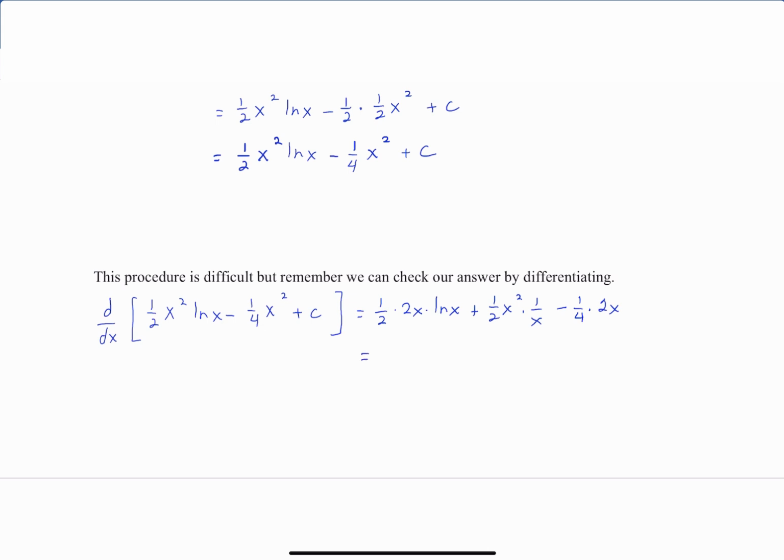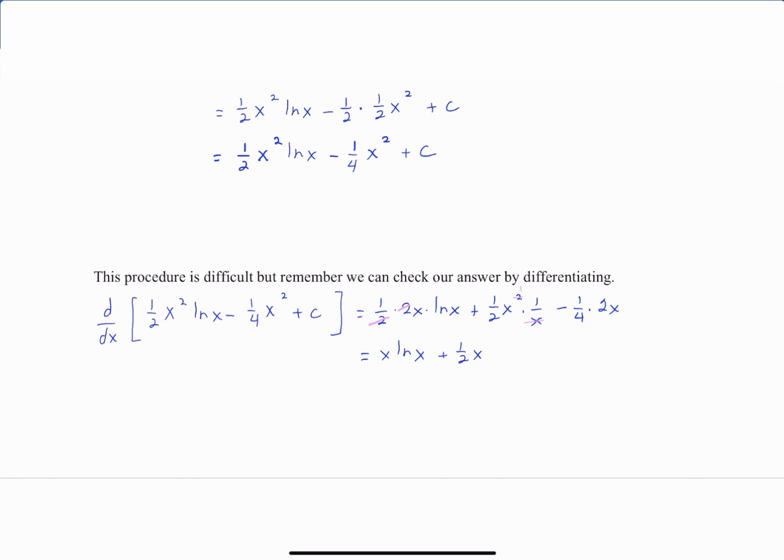In this first spot, the 2's cancel out, leaving me an x ln of x. Then in the next spot, the x in the denominator cancels one of the x's in the x squared, leaving me 1/2 x.